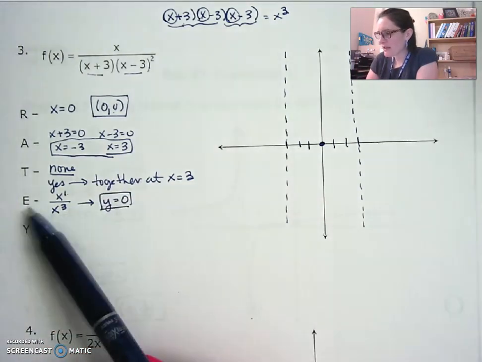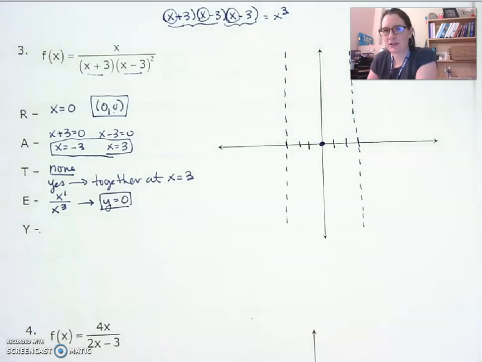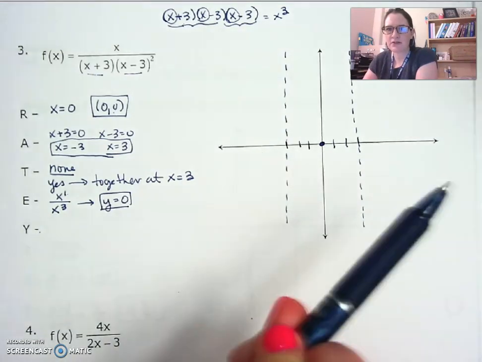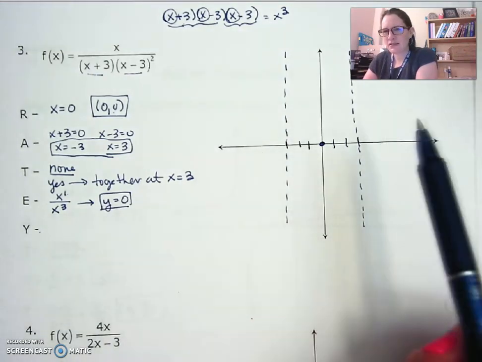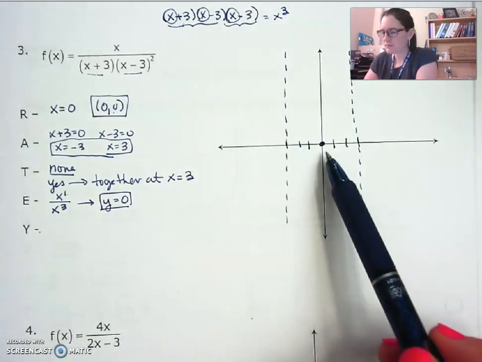What's happening here is that end behavior determines the behavior of the graph only at the extreme ends, meaning as x goes to negative infinity and as x goes to positive infinity. It doesn't determine any of the behavior here in the center of the graph.